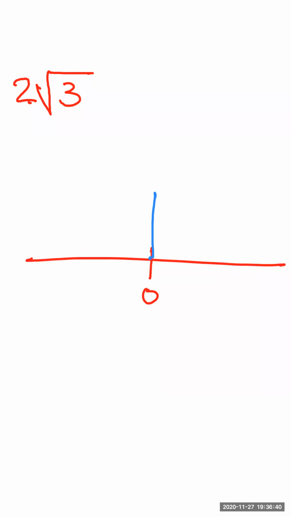Then fix your compasses here and draw the arc. So this one is square root of 3. Again, fix your compasses here and draw one more arc. So this means 2 square root of 3.